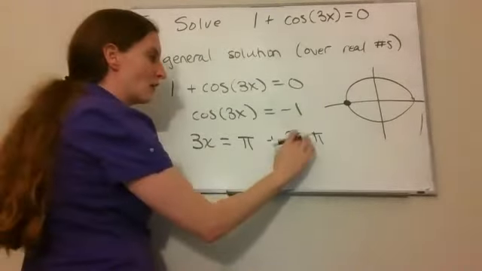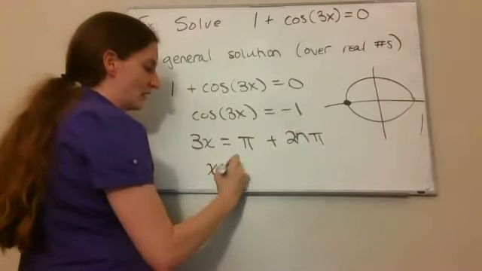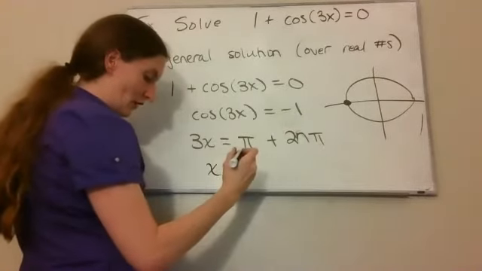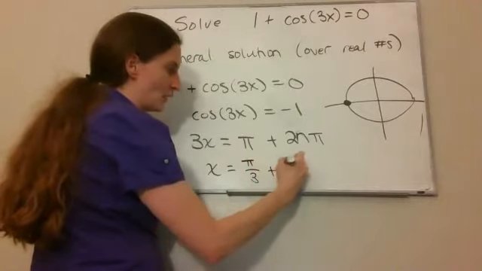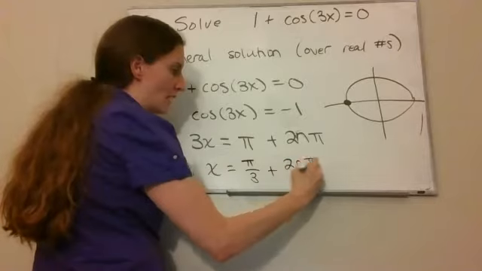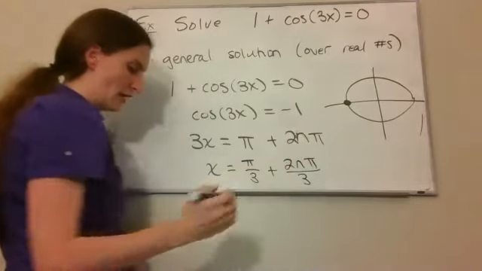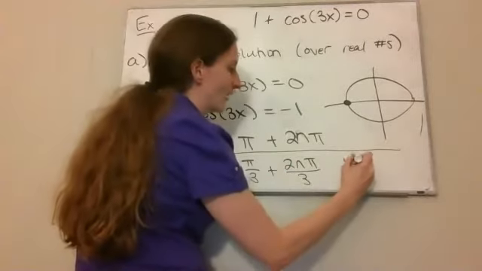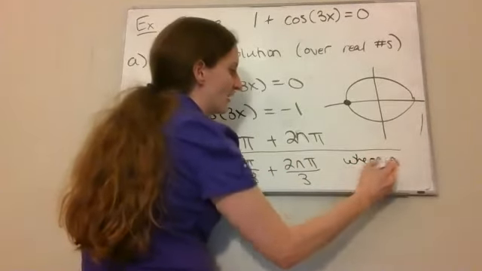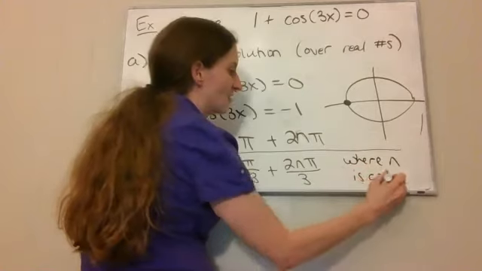And now I can solve this for x by just dividing everything by 3. So I get pi over 3 plus 2n pi over 3. And I should specify where n is an integer.